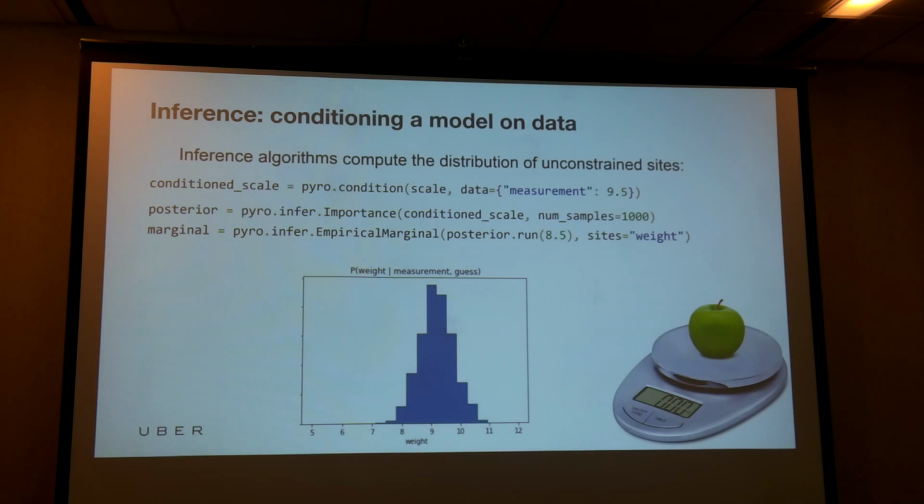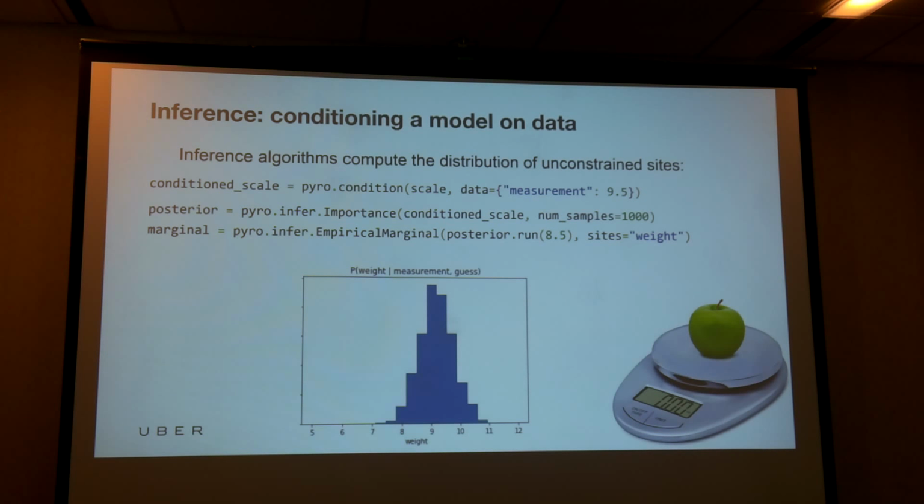And so, having shown you how to constrain some sample sites to data, we can finally turn to the central question in probabilistic inference and probabilistic programming, which is inference. Inference algorithms in Pyro and in other languages compute the distribution of sample sites that have not been constrained, given all the ones that have been.